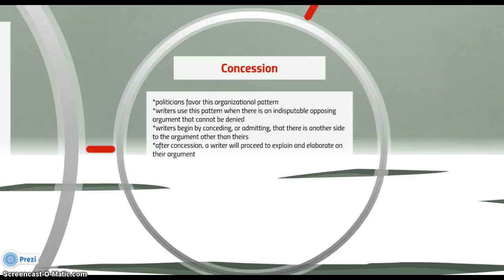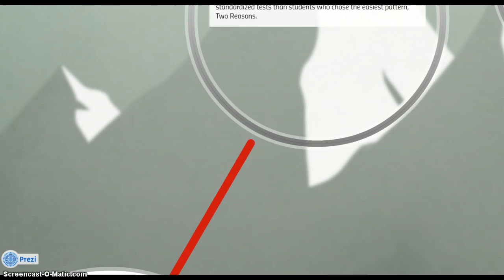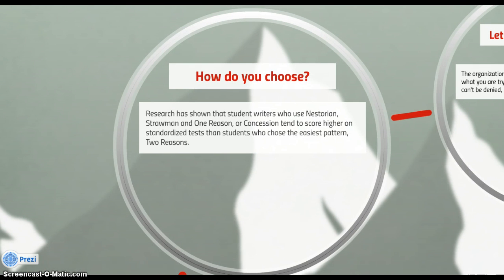You then proceed to explain how your side is right, and you continue to elaborate on your ideas and your points so that the reader is left with the idea that your side is right and the other side is wrong. That's concession. So with all these choices, how do you decide which pattern to use?